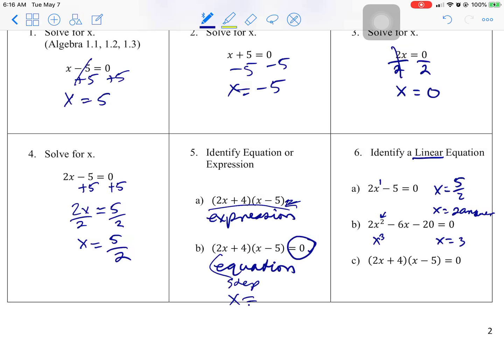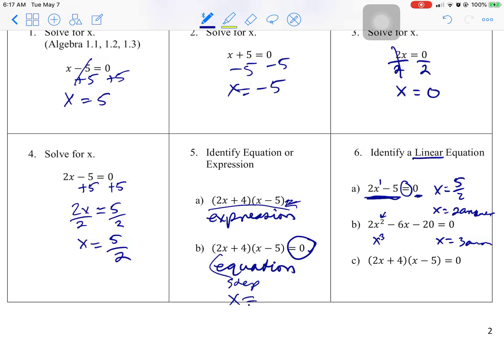It's going to have three answers, like 2, 0, and 1, or three different fractions. Remember how equations work: whatever this side equals has to equal the other side. So we're going to find the possible answers for x to make that true.